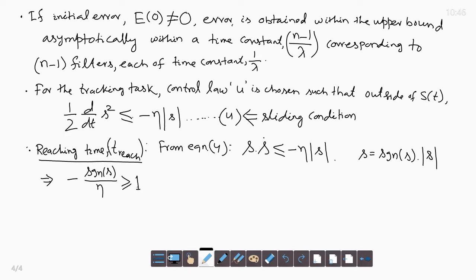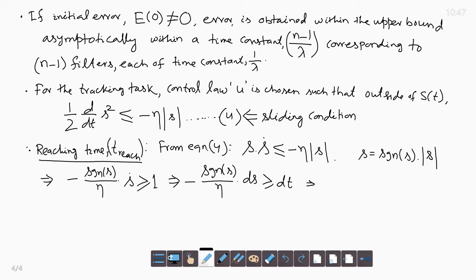The sign has reversed because the minus sign is taken to the opposite side, so less than or equal to has changed to greater than or equal to. From this, minus signum of s by eta into ds is greater than or equal to dt.